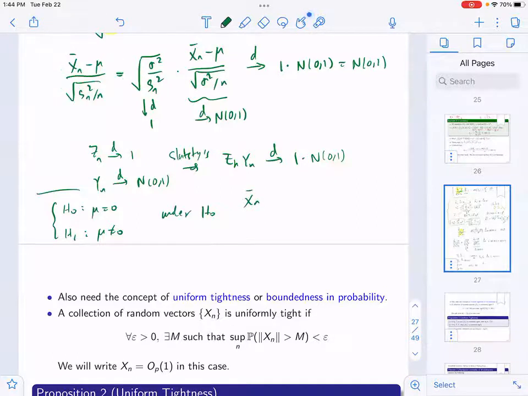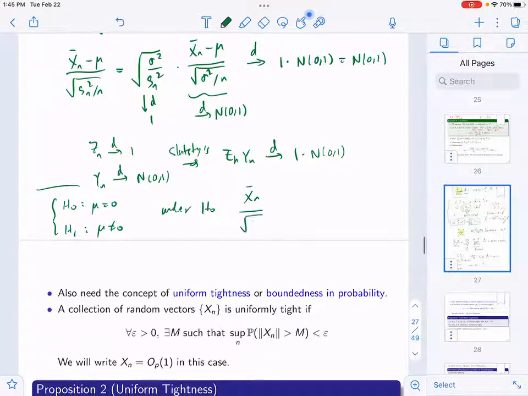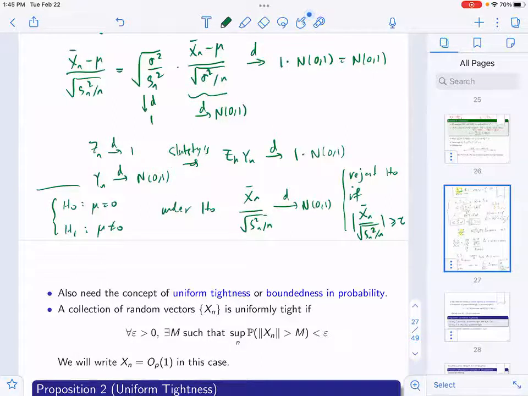So I set mu to 0, times root n, this quantity is well defined from my data, so this converges to normal 0, 1. So I reject H naught if X bar n divided by root Sn squared is bigger than some tau. I can set tau using the normal quantile such that asymptotically I have a certain level.